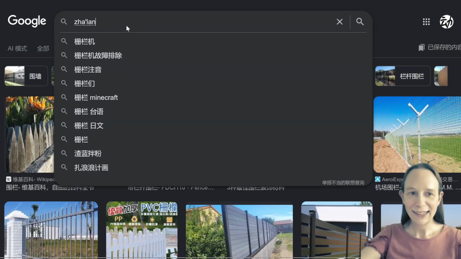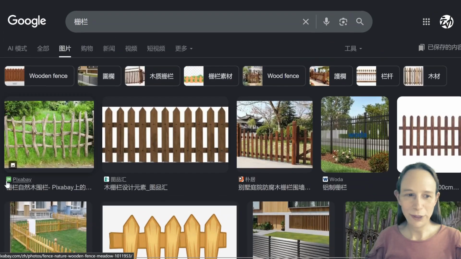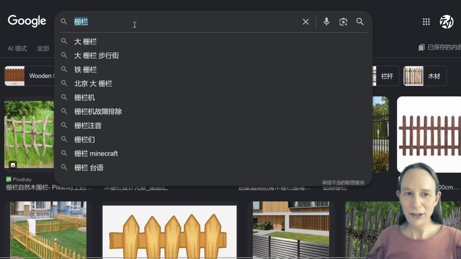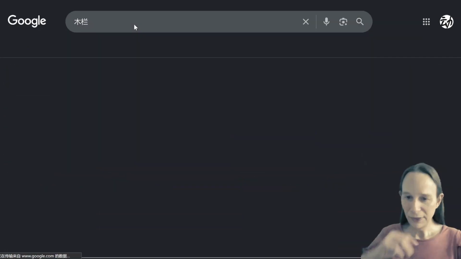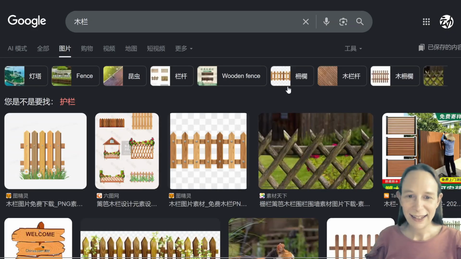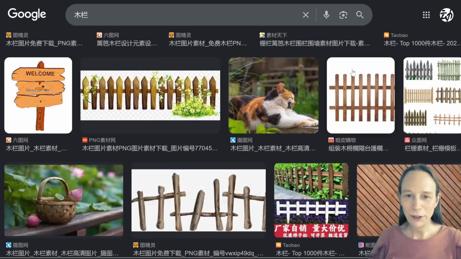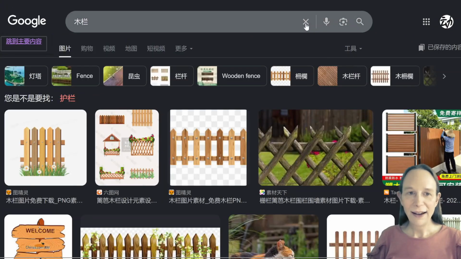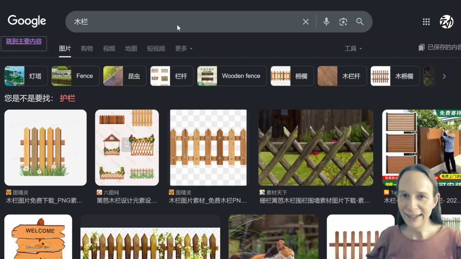And 栅栏, this is also a fence. I don't know the difference actually. This looks very wooden. There's also 木兰, not 花木兰 the 木兰, a different character, like a wooden fence. All right. So we are now experts on 栏.